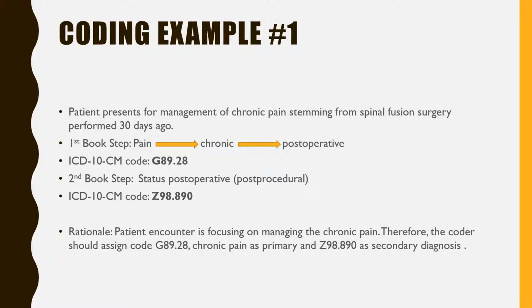Therefore, the coder should assign code G89.28, which represents the chronic pain, as the primary diagnosis, and then Z98.890 as the secondary diagnosis, because the pain stemmed from spinal fusion surgery that occurred 30 days prior. Since we know what is triggering the chronic pain, we assign it as an additional diagnosis code. So our two codes would be G89.28 and Z98.890.